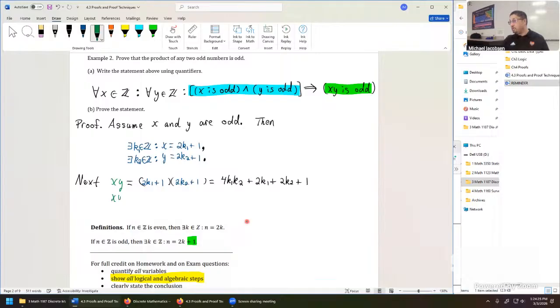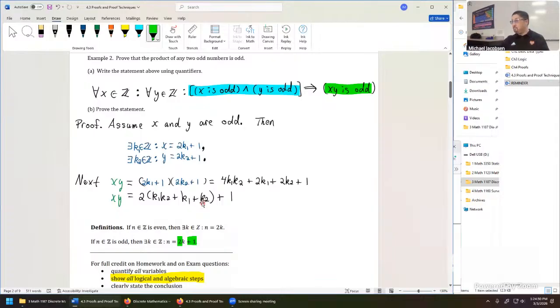xy is now equal to 2 times k1 times k2 plus k1 plus k2, forgot how to factor out the common factor, plus 1. So now we have this part right here. The last thing to worry about is, is that guaranteed to be an integer?